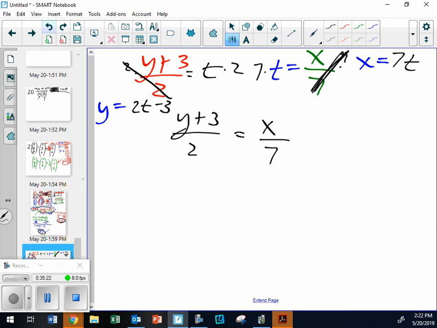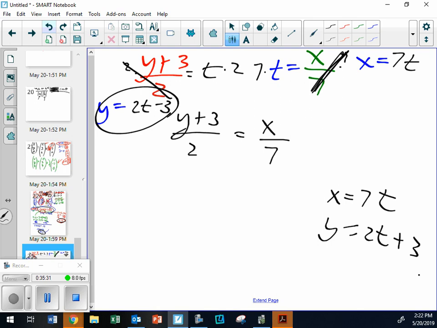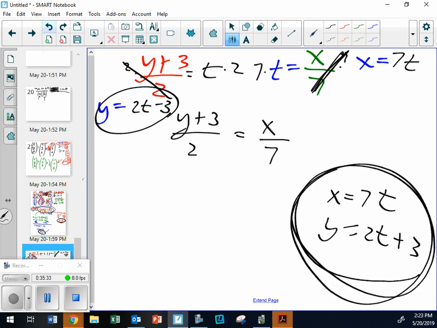If I write them side by side, it'll make total sense. x equals 7t and y equals 2t plus 3. Doesn't that look like parametric form? You get how I did that? I broke this up and said t equals this, and I said t equals that. And then I solved them for x and y, and I got this.